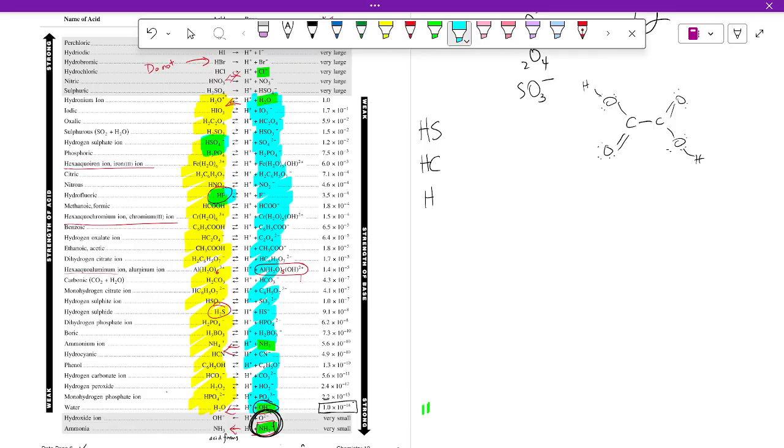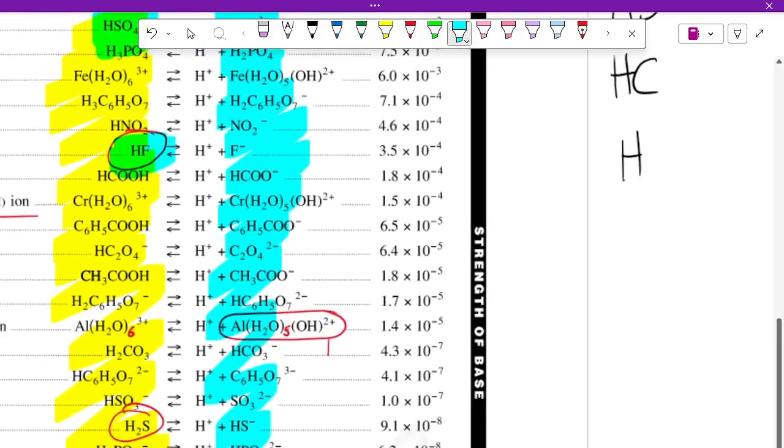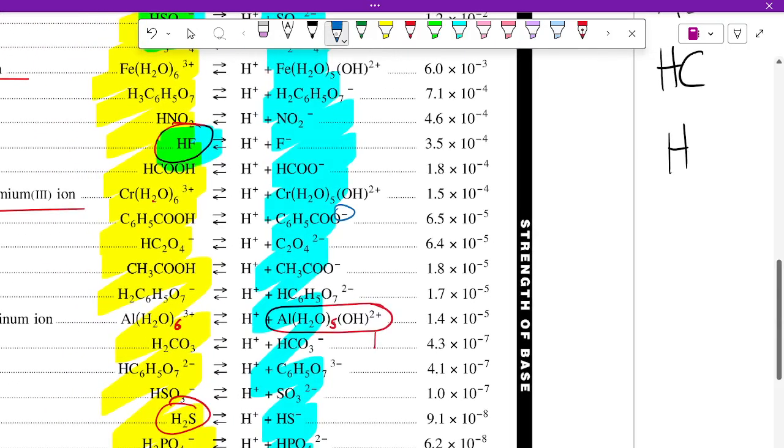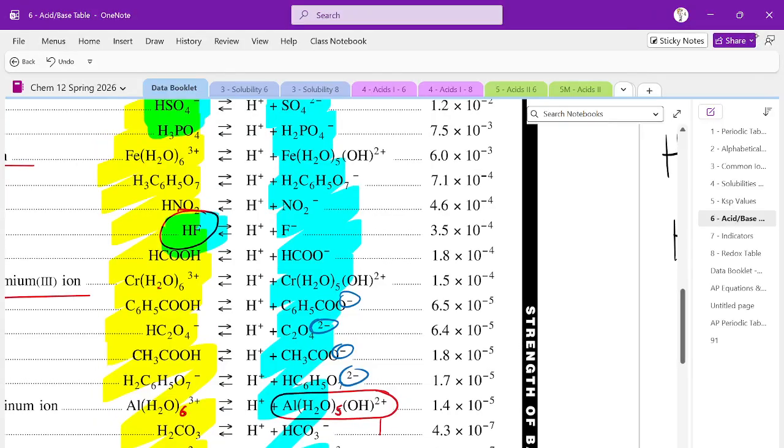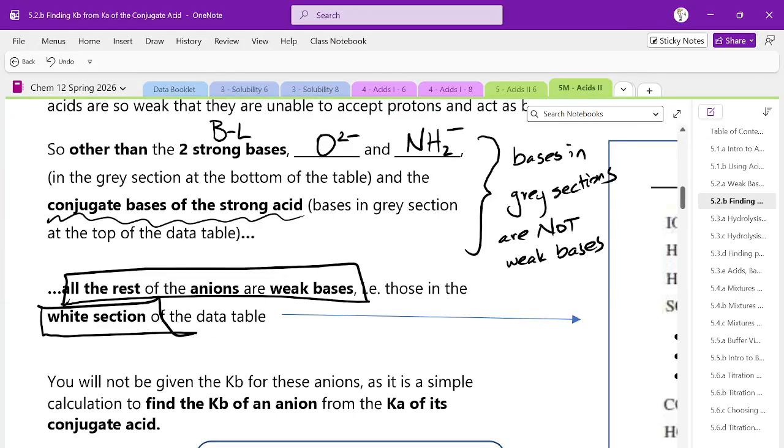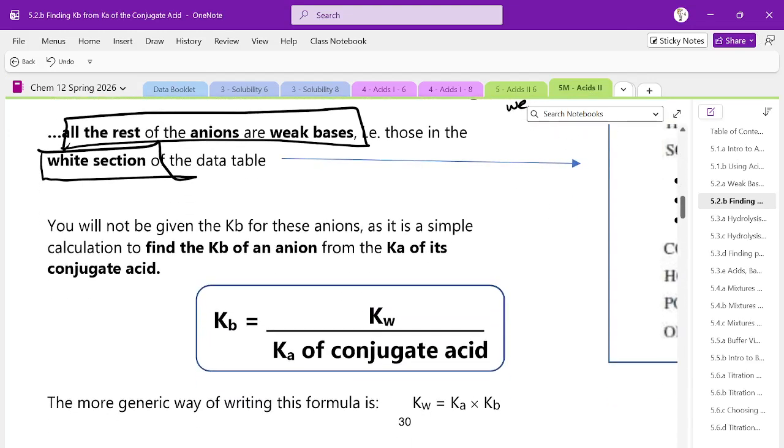So anything that's not in the gray zone, if it's on the left-hand side, it's a weak acid. If it's on the right-hand side, it's a weak base. So you can see there's tons and tons of negative ions that are all weak bases. So far, so good? I'm just going to move on. Speak up if you need me to stop anywhere.